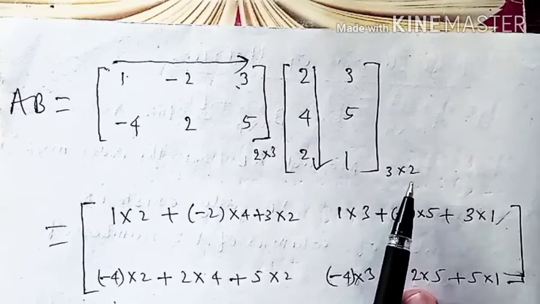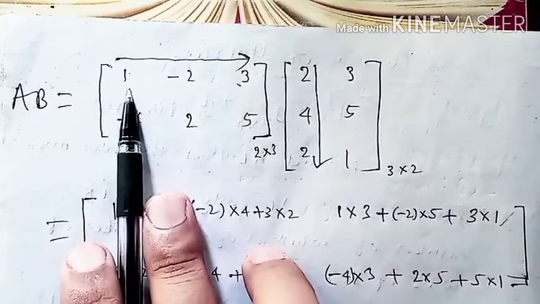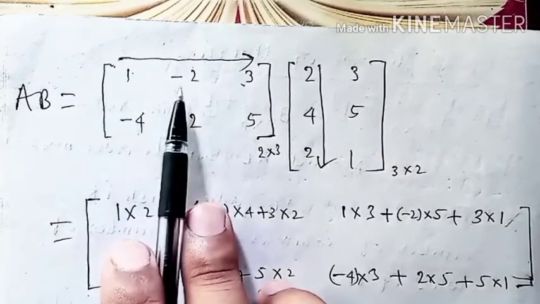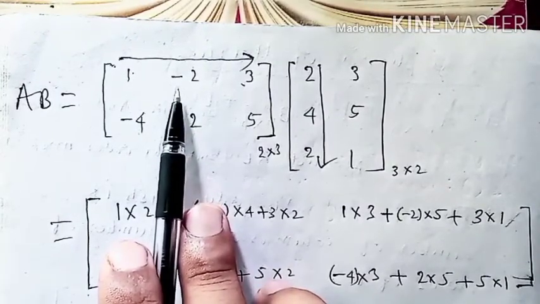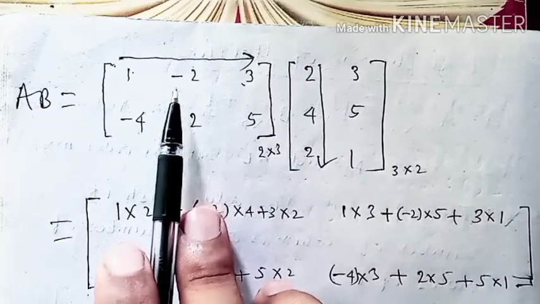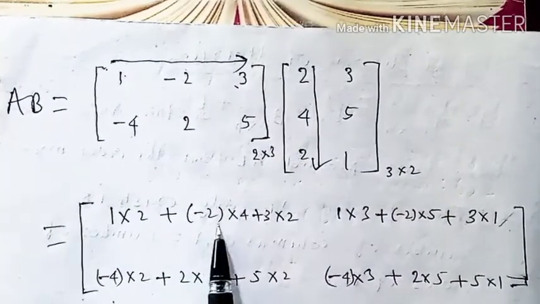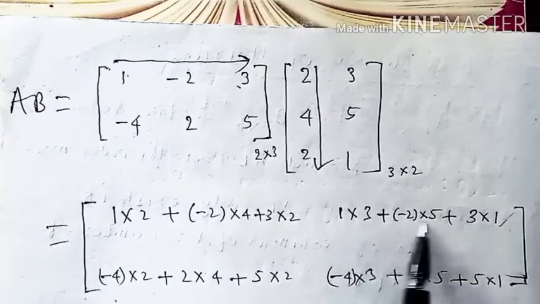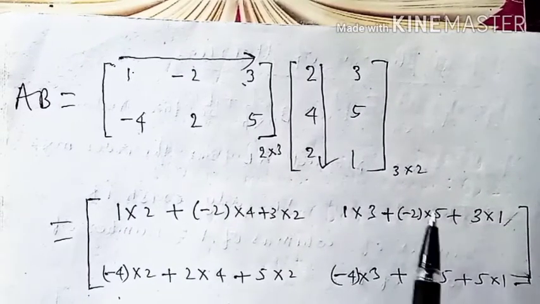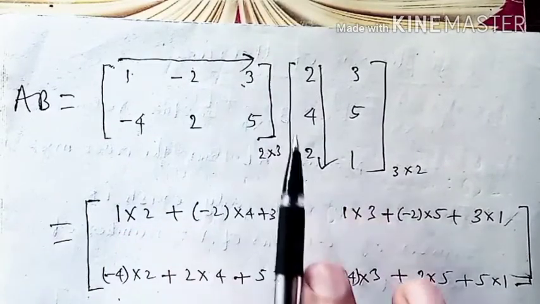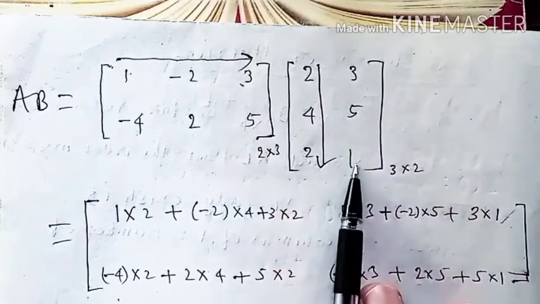Here we have to write a11, so we multiply the elements of the first row of the first matrix with the first column of the second matrix. Then to write a12, we multiply the elements of the first row of the first matrix with the second column of the second matrix.